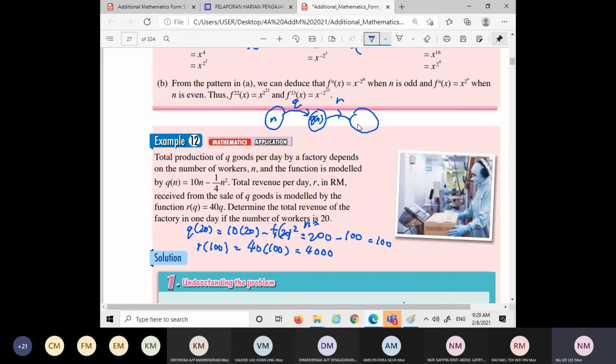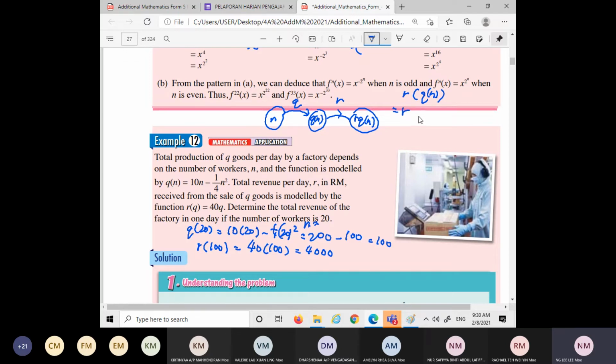So your composite function actually will be this, R(Q(n)). So actually you want to find R(Q(n)), so I start with this R(Q(n)).